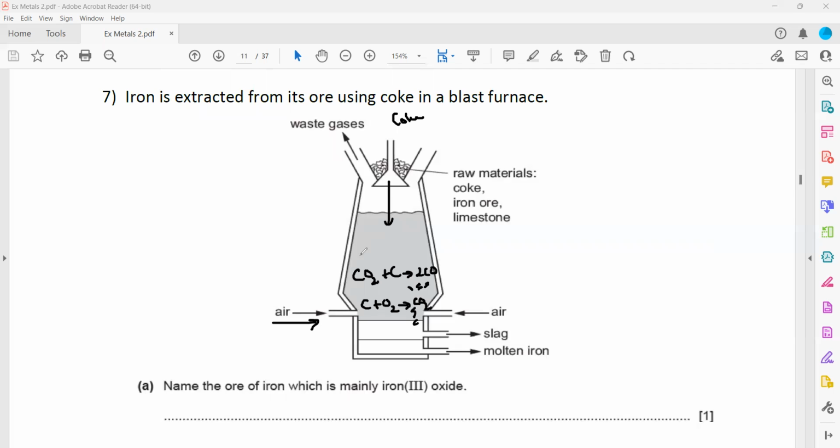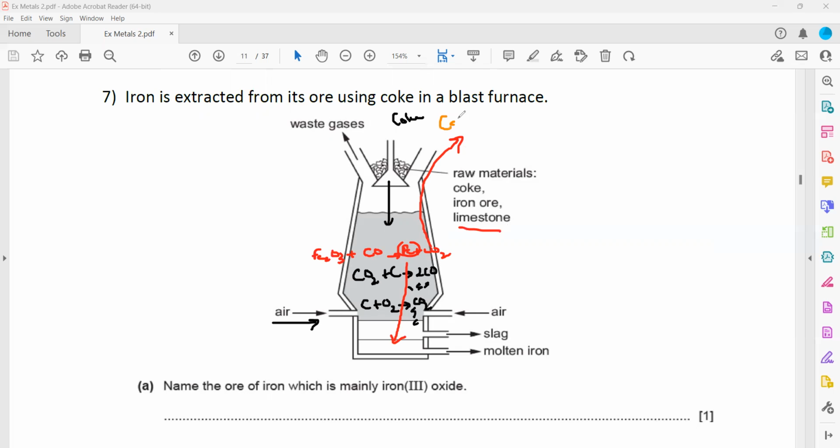And this carbon monoxide reacts with the ore of iron, which is iron oxide, and forms iron metal and carbon dioxide. This iron metal moves towards the bottom of the furnace and the carbon dioxide gas escapes.